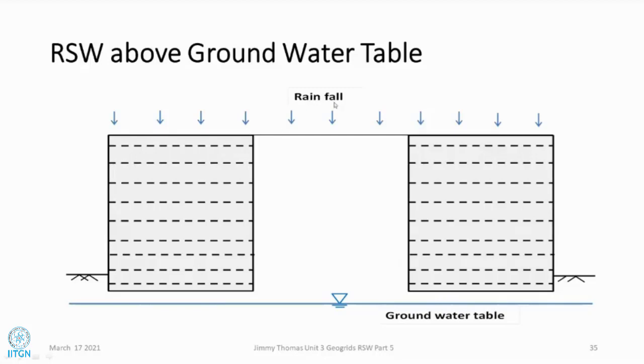So the rainwater will fall on the surface, and if it is a highway, we will have either an asphalt or concrete pavement. Some water will run off, go to the drainage system. But when the pavement has some joints, it may have some cracks, it may have some porosity, so some amount of water will enter.